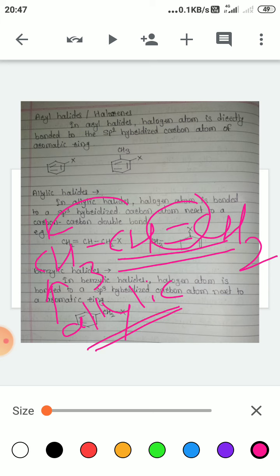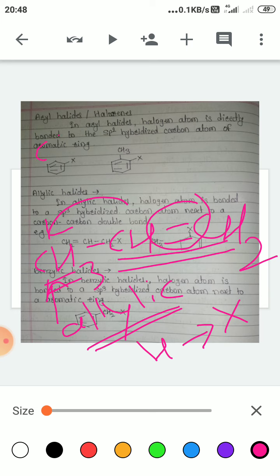And if the hydrogen of this allylic carbon atom is replaced by a halogen atom, then such compounds are called allylic halides. Now see, this carbon atom is sp3 hybridized and is next to the carbon-carbon double bond.